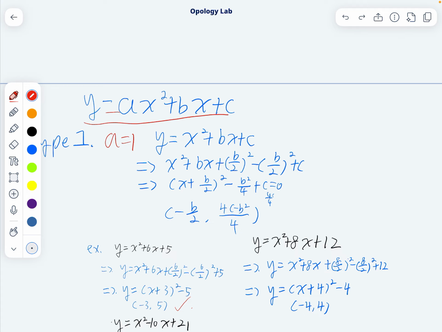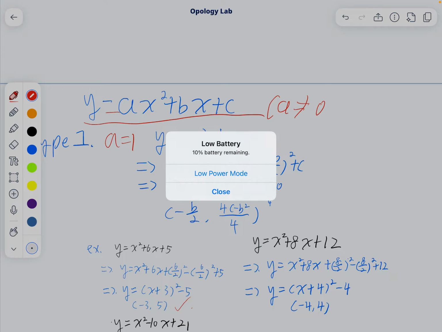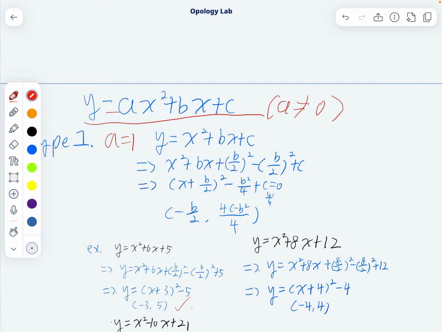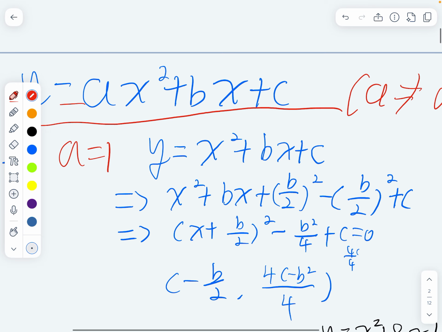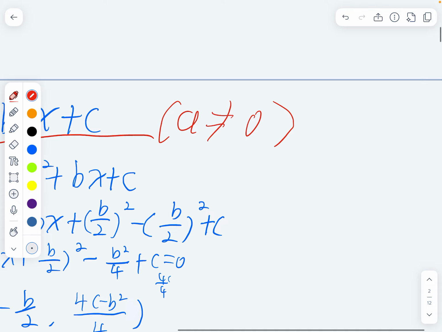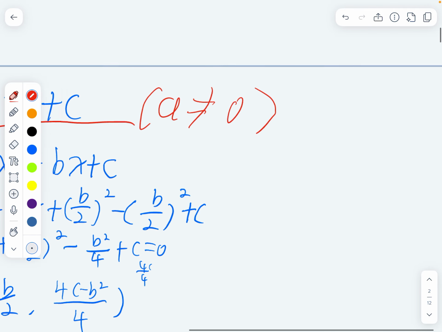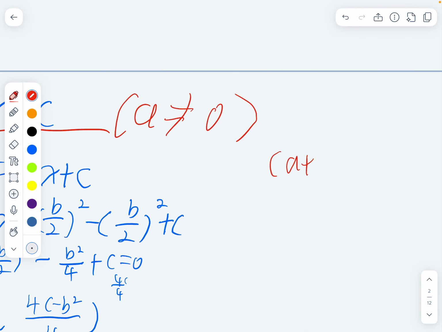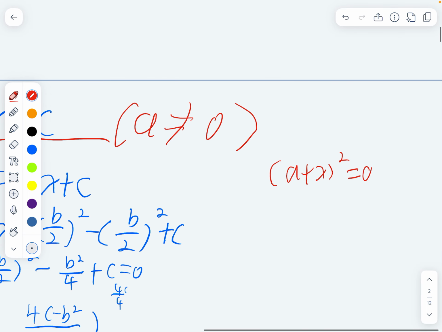First we write out the relation, and we note that a must not be equal to 0. Now we can use the method from the last section, the square formula. We can also write x squared plus 2 times s times x plus s squared.